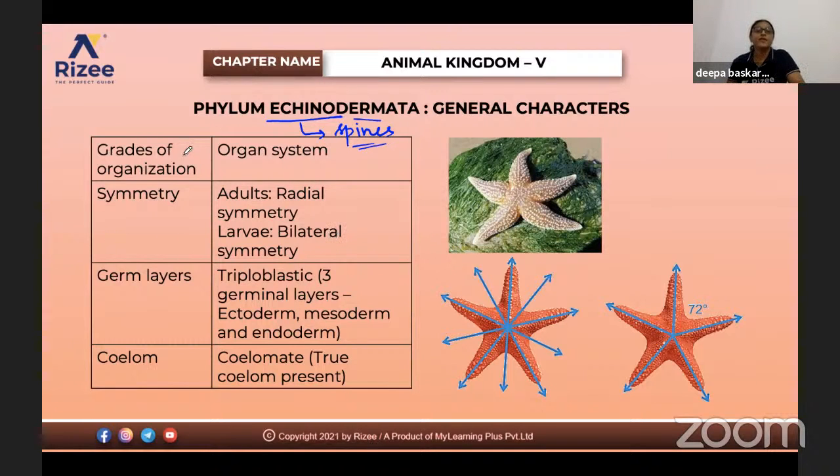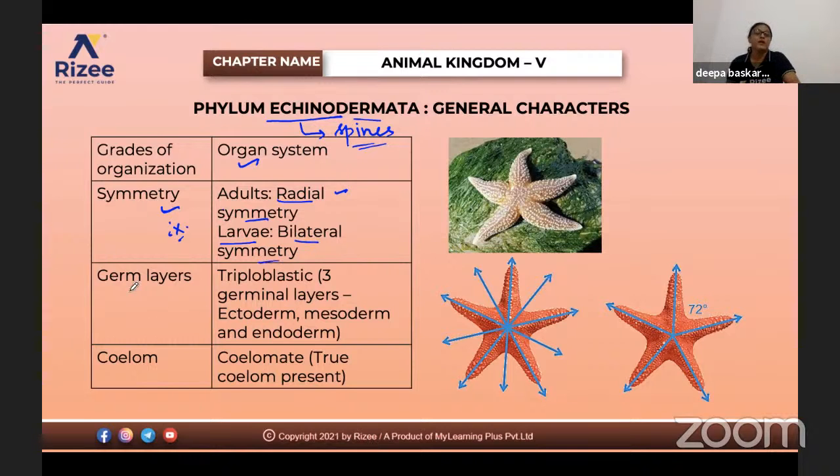Grade of organization: they have organ system level organization. In symmetry, they have radial symmetry. Even in the basis of classification, we discussed this. You should not forget this; objective questions will be asked from it. Adults of echinoderms have radial symmetry, but larvae of echinoderms have bilateral symmetry.